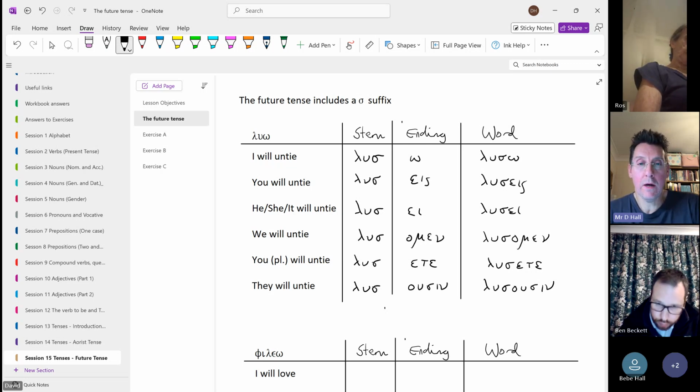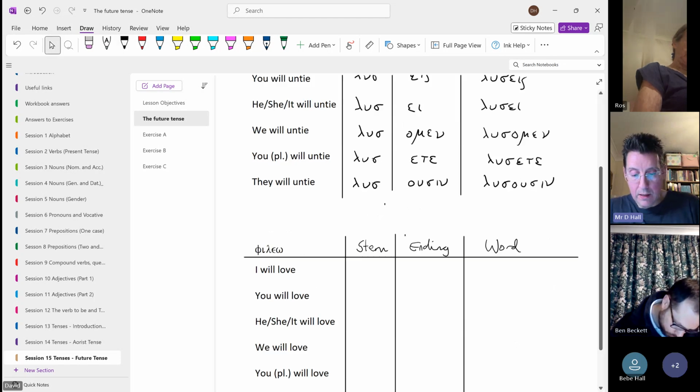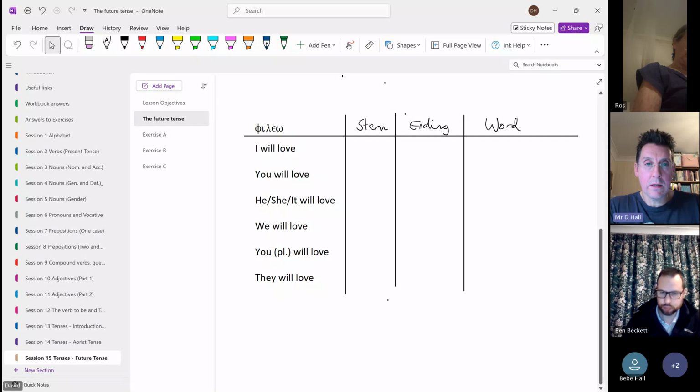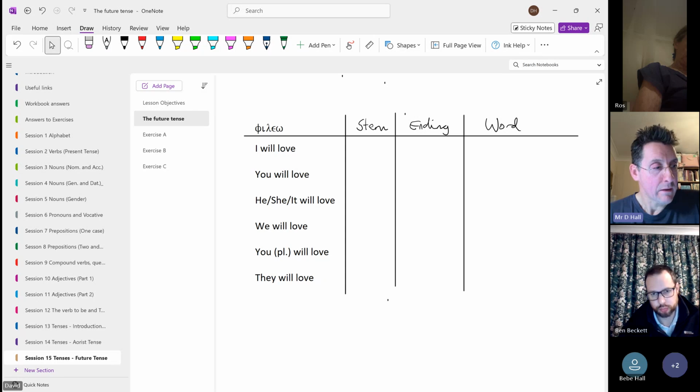And it's great if the stem is like we have with luo. And if you remember from the aorist how it works with an epsilon omega verb, so we have the special ones, the sort of different endings there. And if you take the stem with the epsilon, then what happens is that it lengthens like it did with the aorist.